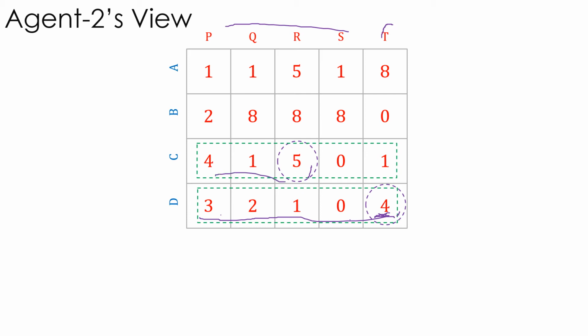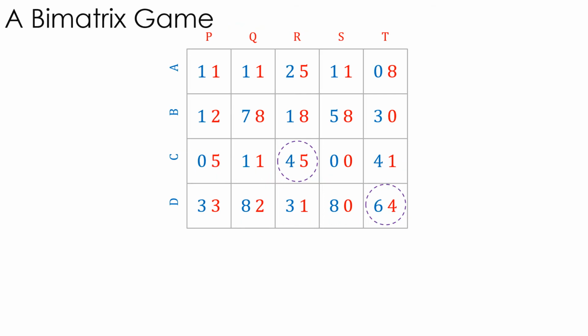Likewise, in this row, 5 is the highest payoff for agent 2. Neither agent has any incentive to unilaterally deviate from these two Nash equilibrium points.